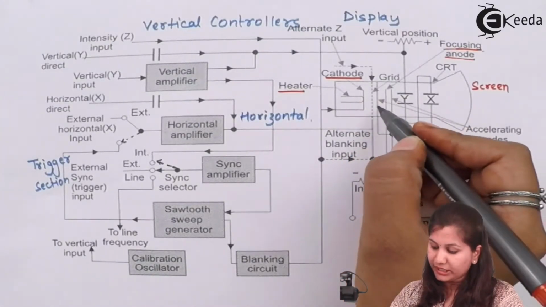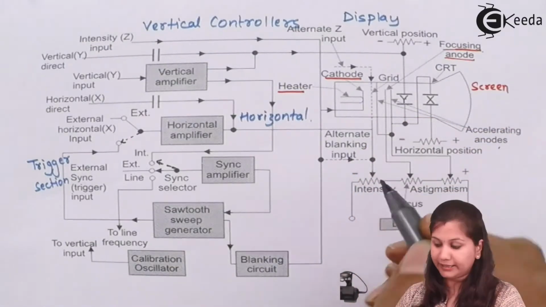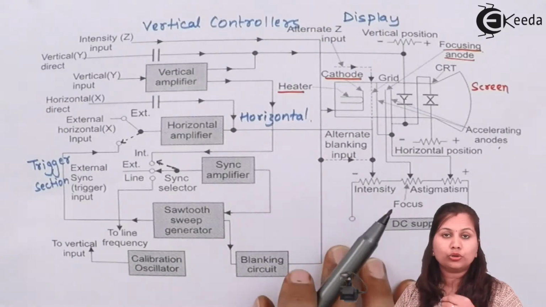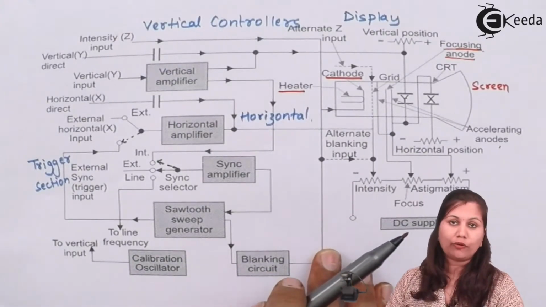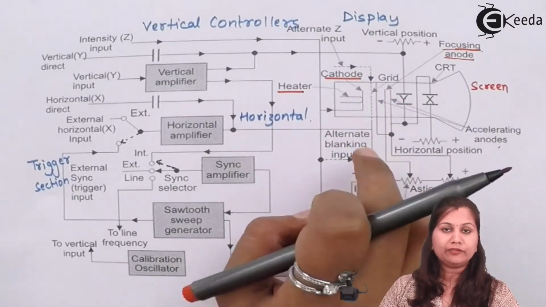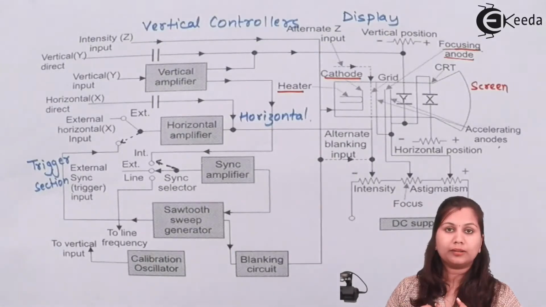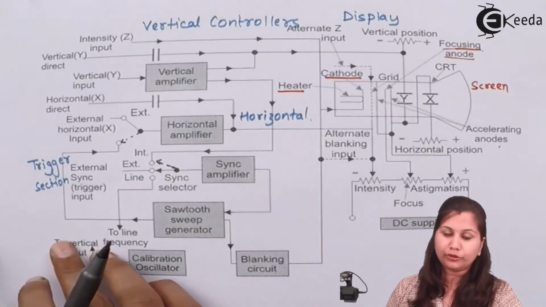You can see that this control grid is connected with the intensity control, and it is going to control the number of electrons which are passing through the control grid.